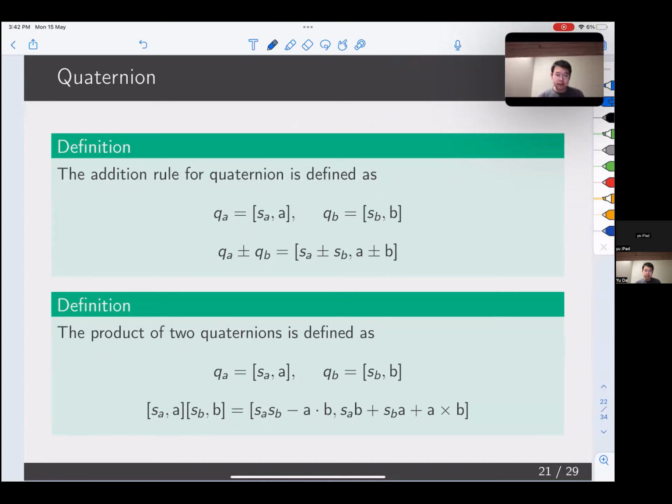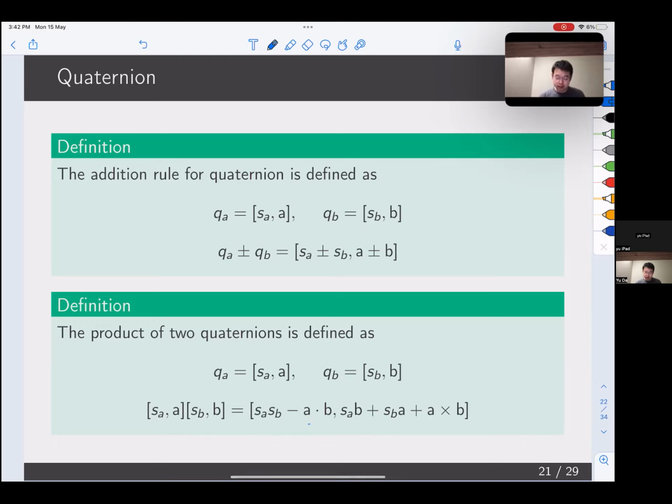We can define some basic algebraic operations on quaternions. The addition is defined element-wise on each basis, and then the product of two quaternions is a bit more complicated.